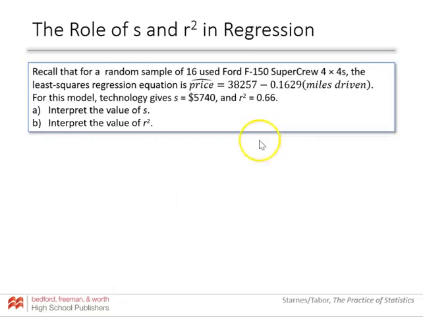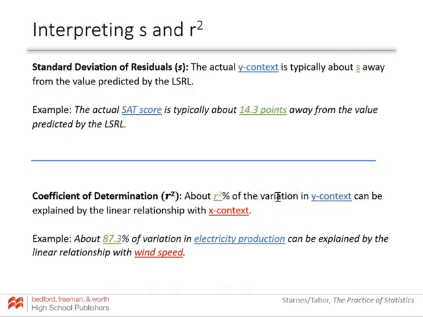Okay, so we'll go back to our truck data. We have an equation, and then technology gives us S and R squared, and so we want to interpret those two values. Okay, so here's your sentences. Standard deviation of residuals looks very similar to our other standard deviation interpretation. So the actual Y context is typically about whatever S is away from the predicted value.